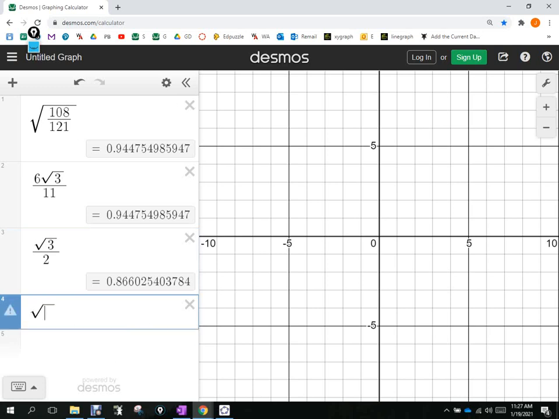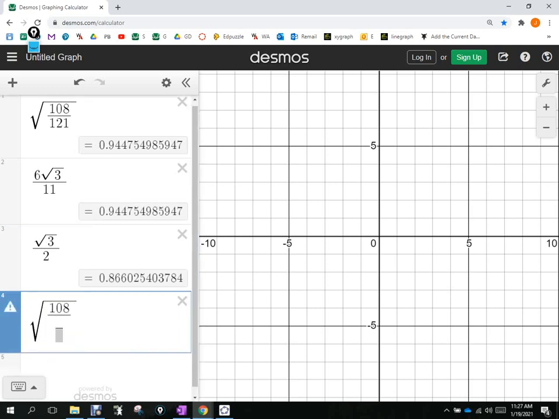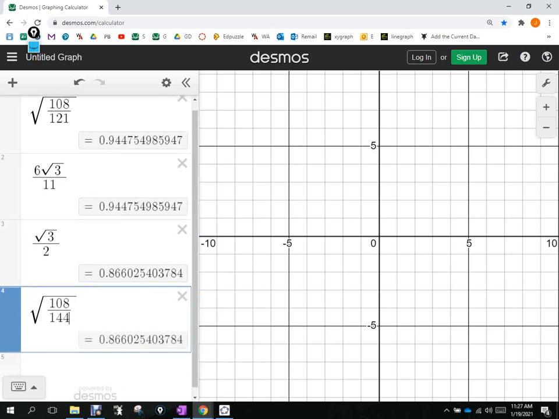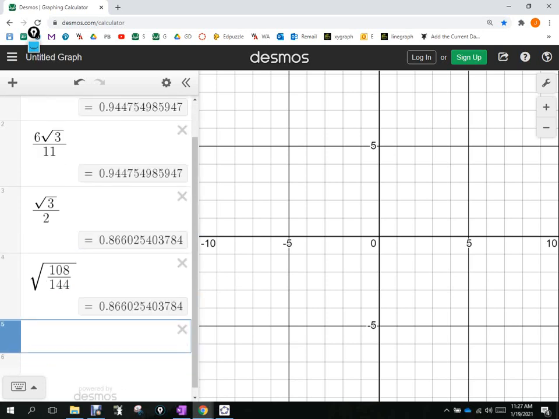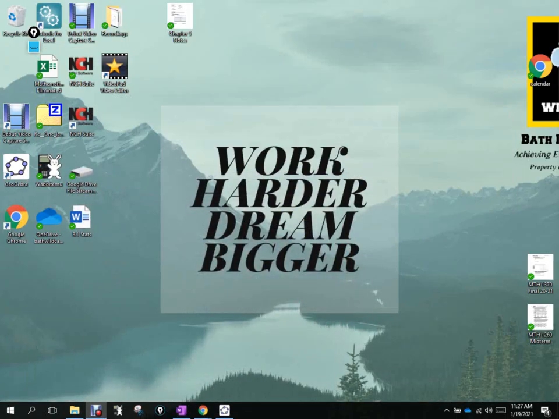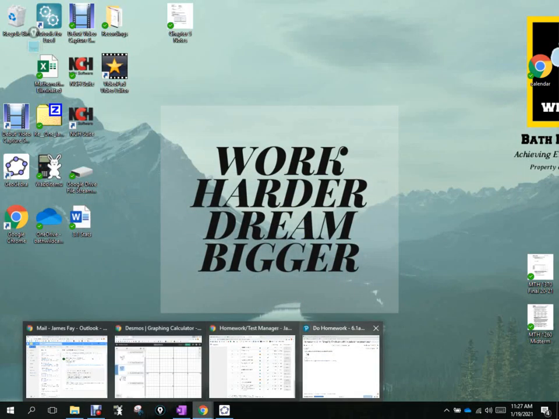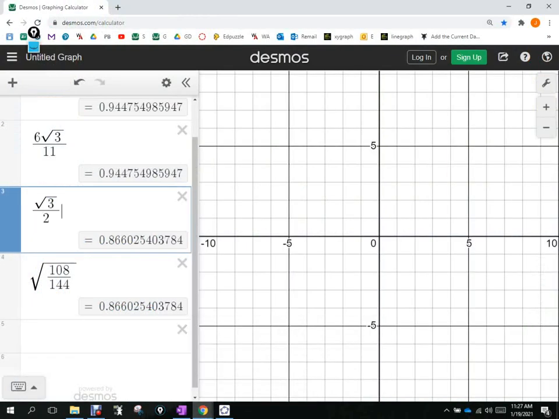If we go square root, what do we have? 108 divided by 144, same 0.866 now. Okay. That becomes a very important radical eventually in working in trigonometry. Is that something we can do? Okay. So that's working with fractions.